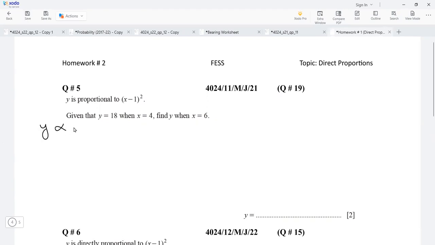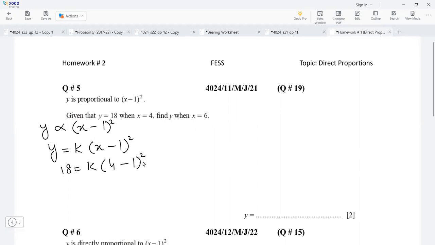Y is proportional to (x minus 1) whole squared. Now replacing that proportionality sign with an equals to sign and k, k times (x minus 1) whole squared. Given that when y is 18, replace 18, when x is 4, k times (4 minus 1) squared.